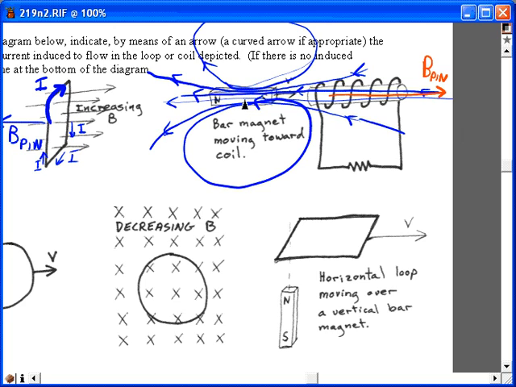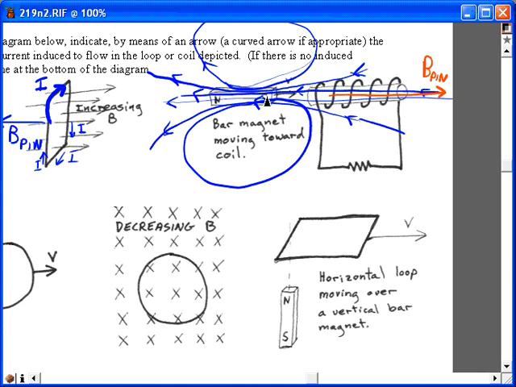And they're newly appearing because somebody's moving this magnet toward the coil. Now I just have to use the right-hand rule to figure out the direction of the current that must have been induced in this wire in order to produce this final magnetic field. Recognize this is the end result. The middleman is the current.